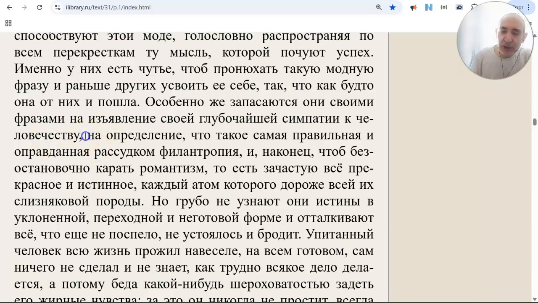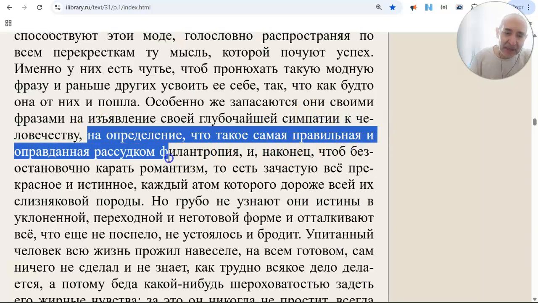На определение, что такое самое правильное и оправданное рассудком филантропия. So, определение means definition. So, again, they store their phrases, their made phrases, ready phrases, for the definition, что такое, what it means, what it is, right? What it is. Самое правильное, the most correct. И оправданное, and justified. Оправданный means justified.